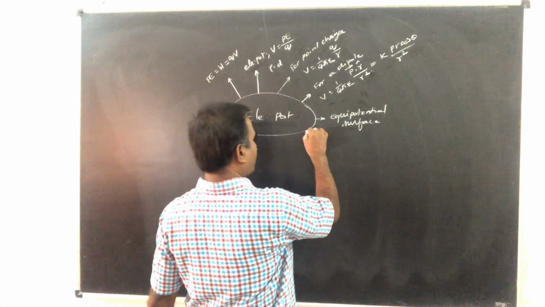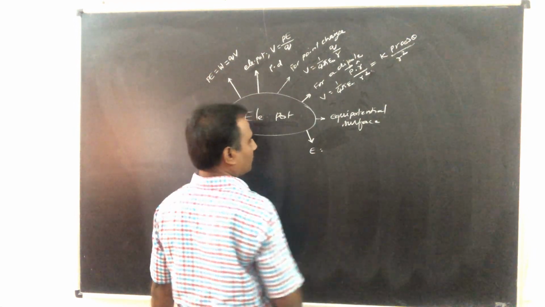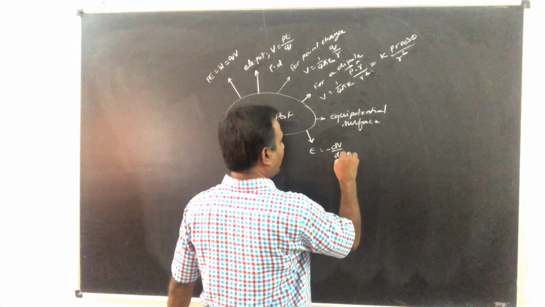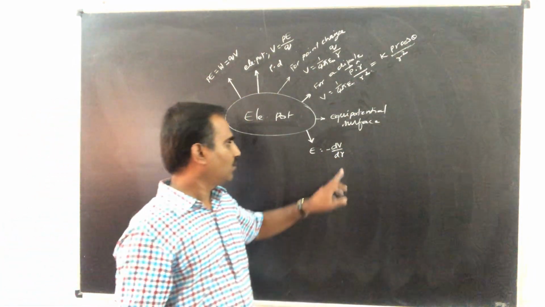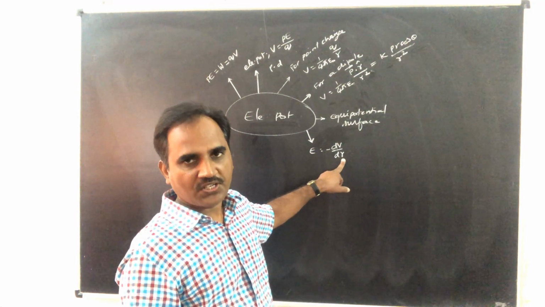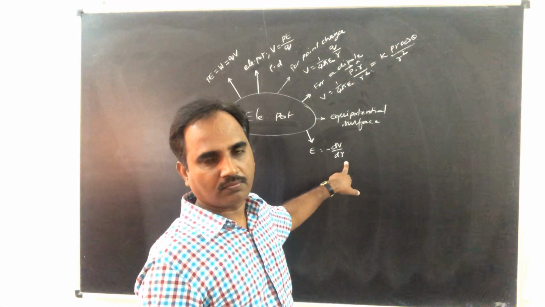By using this equipotential surface, you derive this equation. E is equal to minus dV divided by dr. What is this R? This is the position vector. If you are considering one dimension, this can be written as dV by dx.